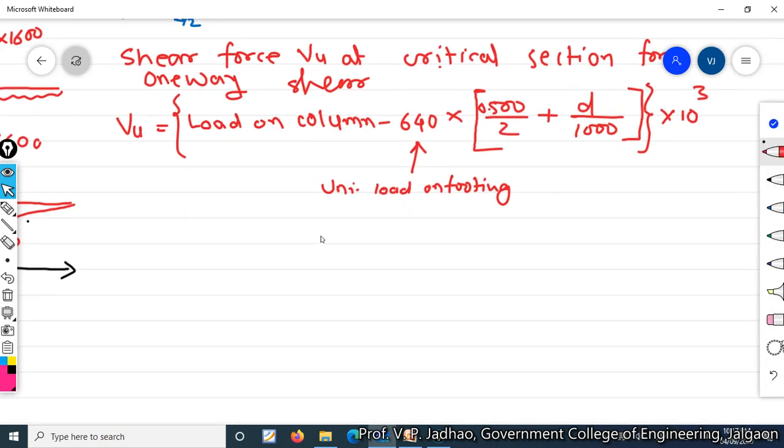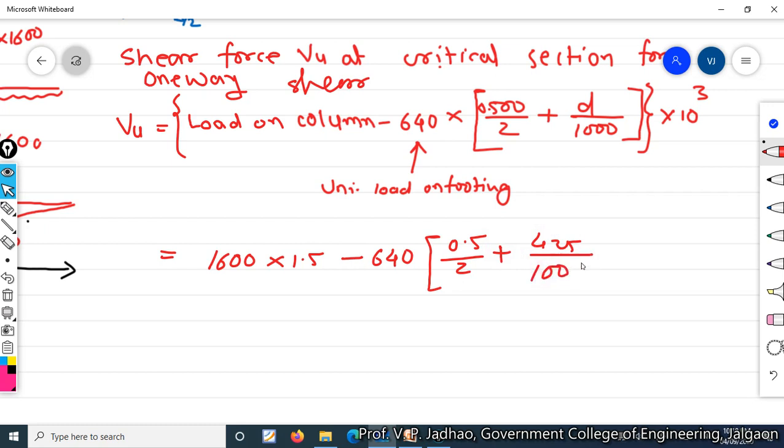So we have the load on column. We are considering the maximum load, that is 1600, multiplied with 1.5 to get the factored load, minus 640, the uniform pressure from the soil, multiplied by 0.5 divided by 2 plus the depth of footing as 425 divided by 1000. Why 1000?